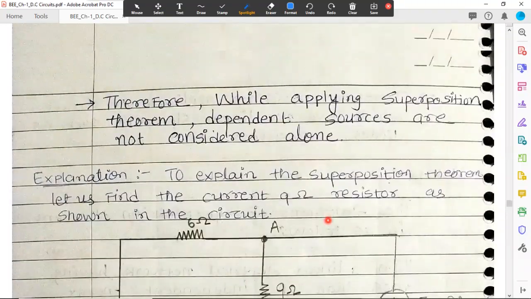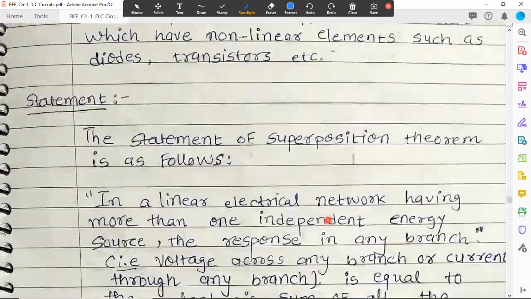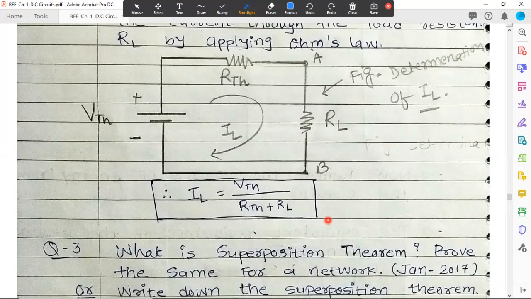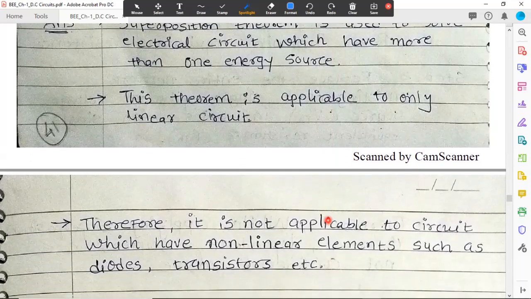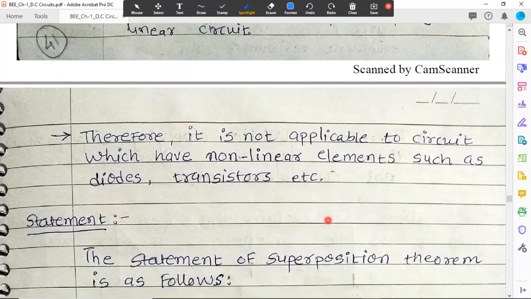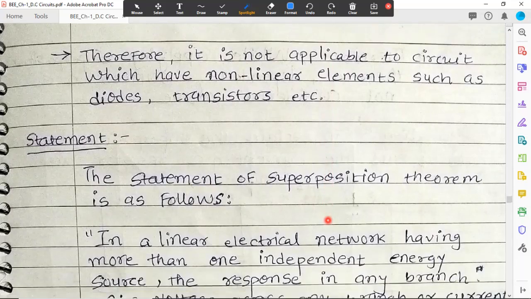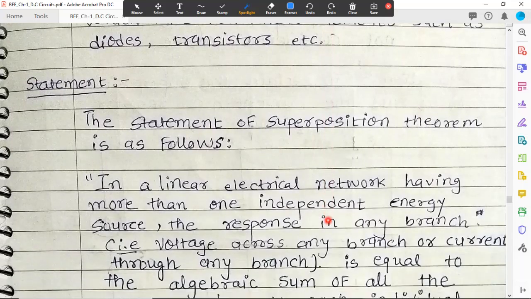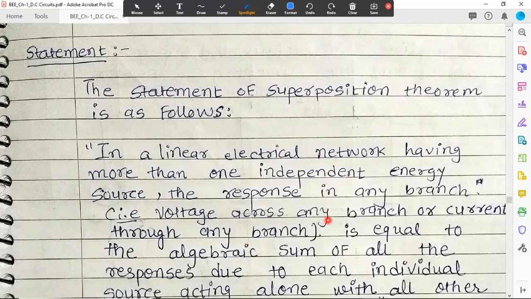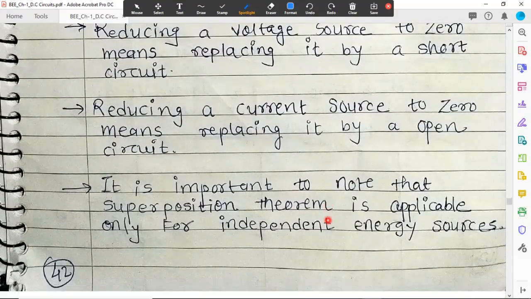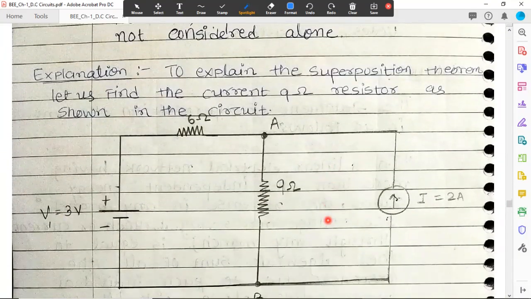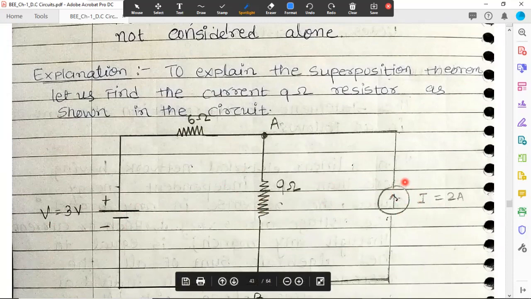Again, I repeat the important steps for superposition theorem. You have to keep in mind that the current through any branch is equal to the algebraic sum of all the currents caused by individual sources acting alone in a circuit. Okay, so we have considered that network. We found I9 dash using only the 3 volt source, and the current source is open circuited.